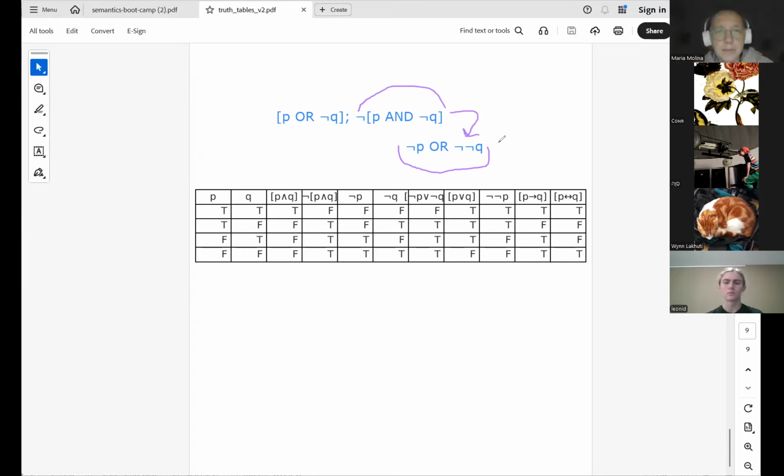Right? Then we compare. Then we can simplify the double negation.